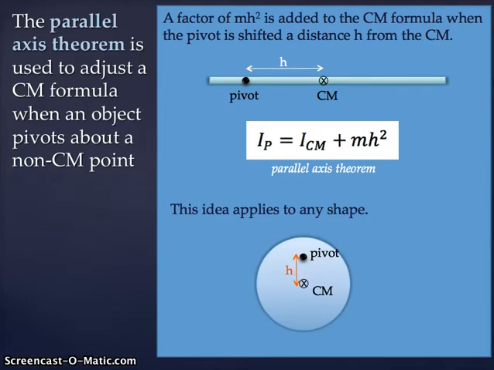This idea applies to any of those shapes on the formula sheet. So for instance, if I had some sort of a disk that was pivoting around a point other than its center, the h value again would be measured from the center of that disk to the new pivot point. I would just use the 1/2 mr squared formula instead.